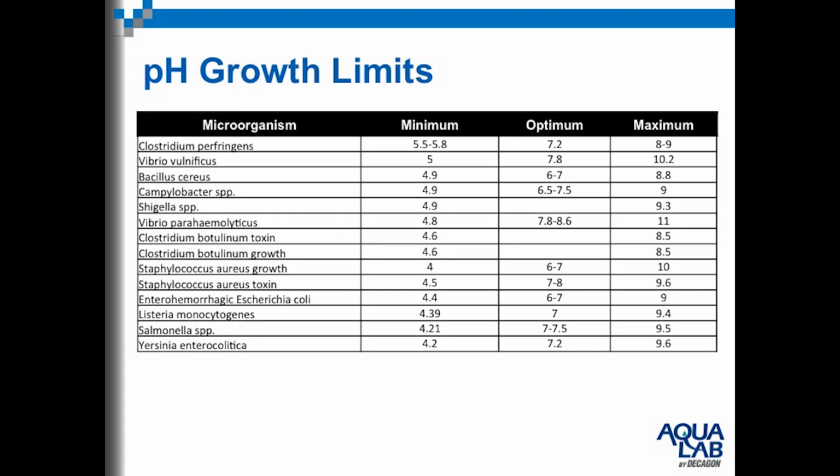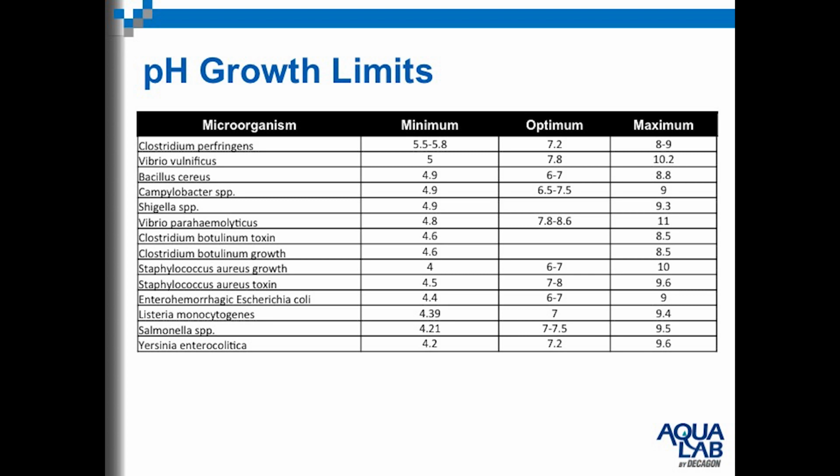Okay, how about pH growth limits then? We can create a chart similar to what we saw with water activity, where we can establish minimum levels for growth for different types of organisms, but in this case we're talking about pH instead of water activity.